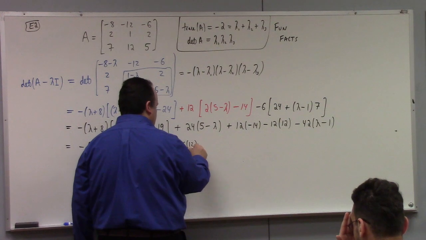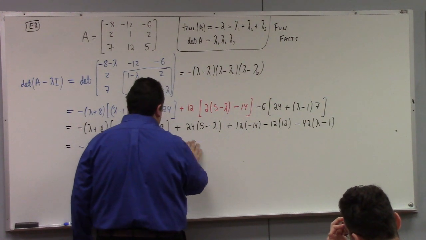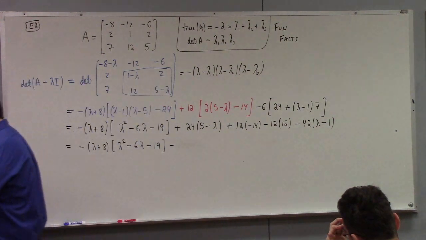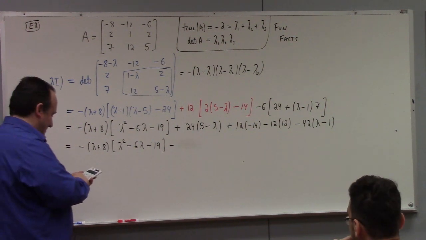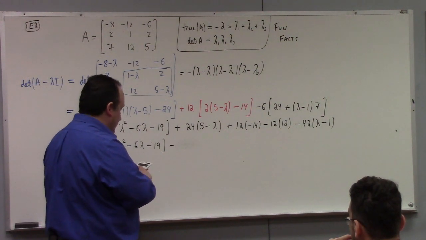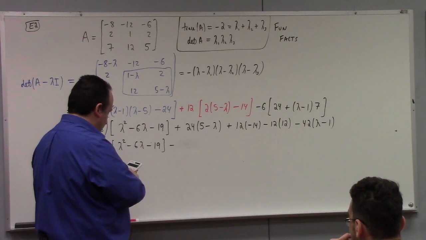Am I wrong? What's the constant term in all this, ignoring the first term? Am I on my own up here? Is that right? Let's see here. 5 times 24 is 14 times 12. Minus 12 times 12.